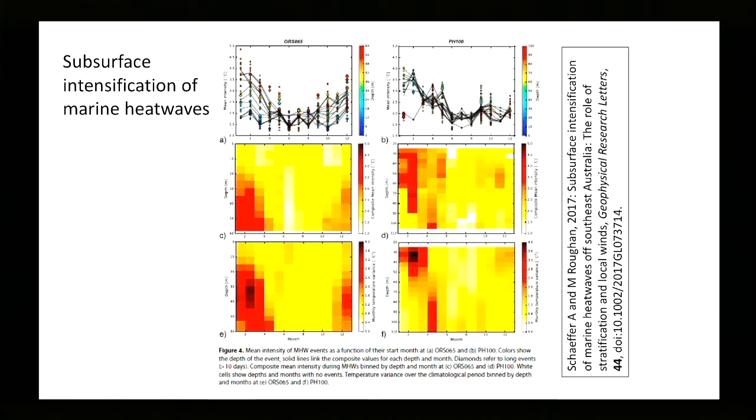One was the Ocean Reference Station, ORS, and that's that one there, and also the Port Hacking station down to 100 metres, and just tried to characterise, in effect by compositing, a history of warming events through time, through months, to see how ocean temperature extremes were expressed below the surface.